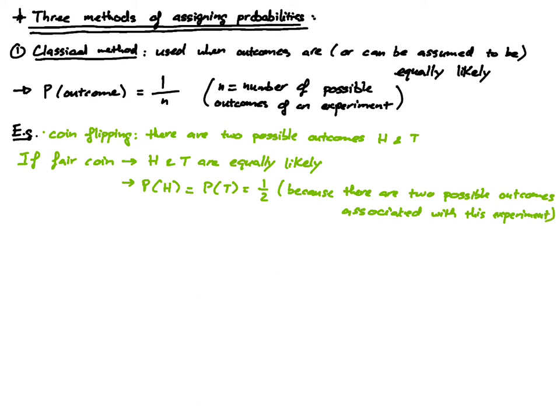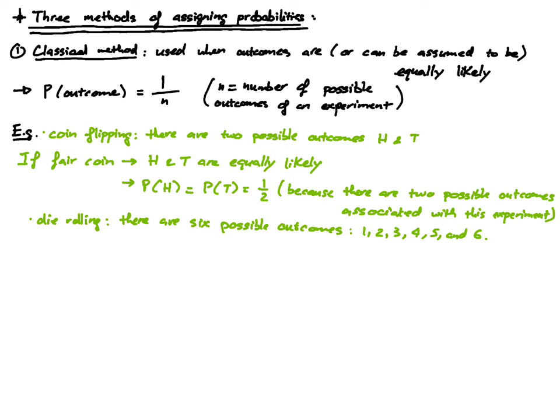Let's consider another example. Let's look at the die rolling example. So when you roll a die, there are 6 possible outcomes. And the outcomes are 1, 2, 3, 4, 5, and 6.